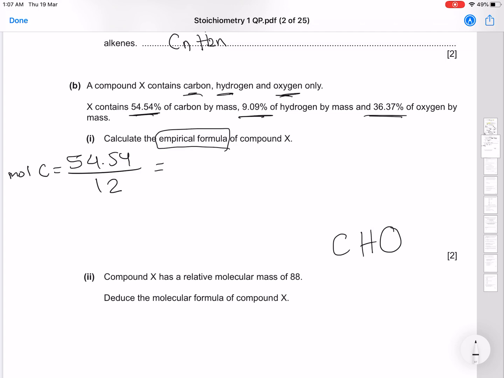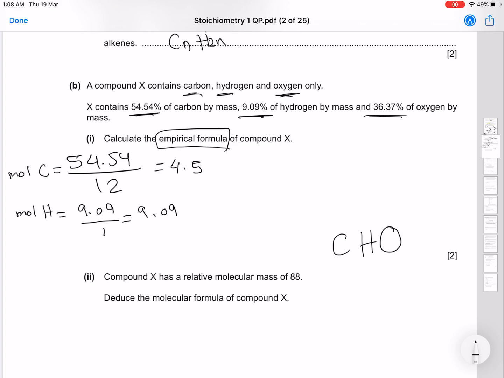It will give me 4.5. Now let's check how many moles of hydrogen I have here. I'm going to divide 9.09 divided by 1. It will give me the same thing, 9.09.